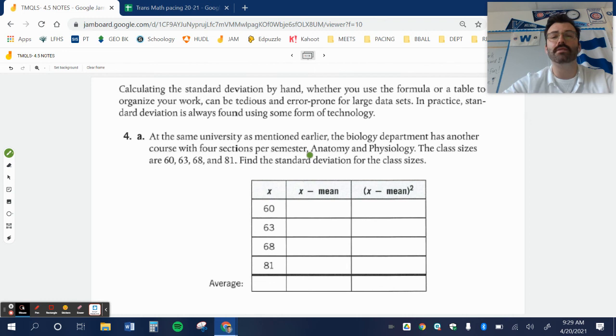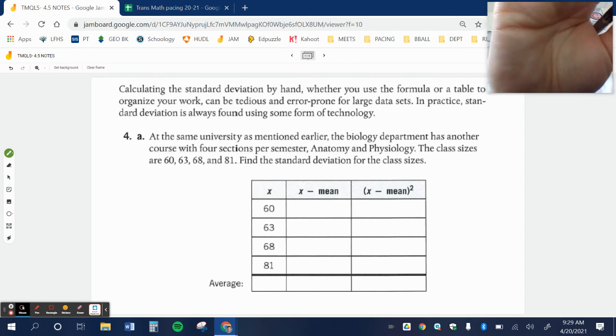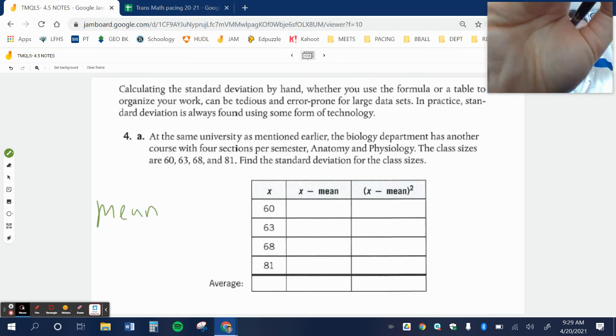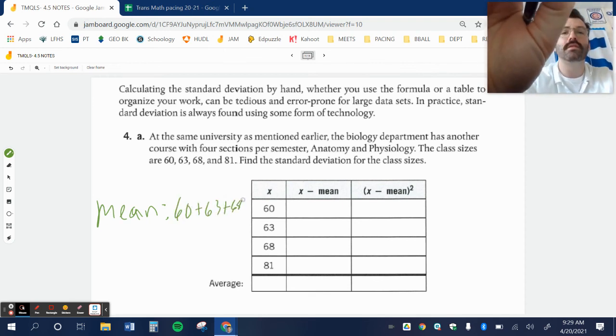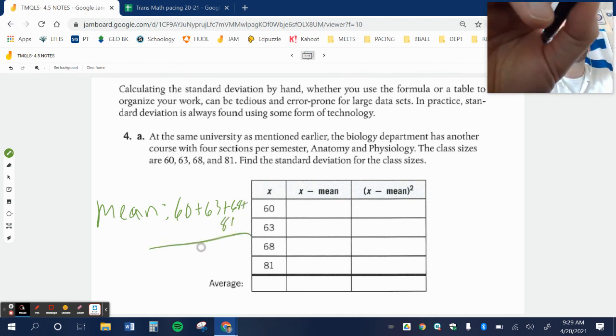So the class sizes are this. Find the standard deviation, so I need to calculate the mean. The mean is the average. Remember, I'm going to add these 4 numbers and divide by 4.